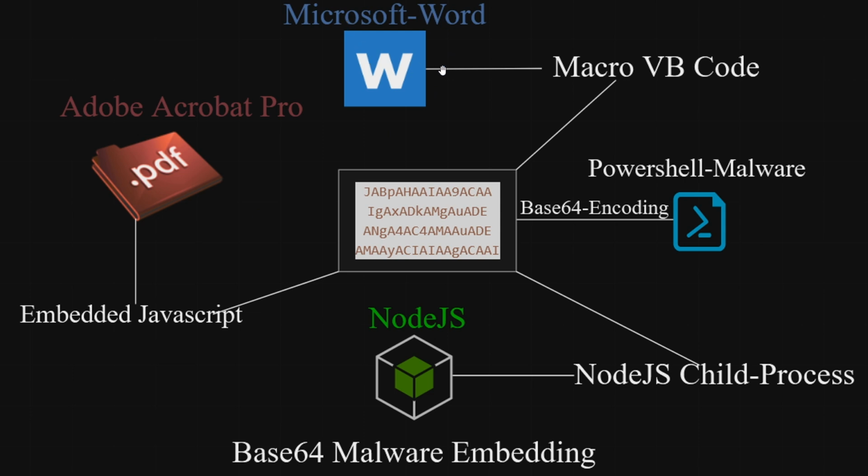And then we can also embed it inside the Microsoft Word application, which has a macro module which runs Visual Basic code, where we can also embed malicious base64 and then also decode it to execute it, of course. And the same thing with the Node.js that I've just shown you guys. We can execute the child process and run it, and then also decode it and execute the base64.